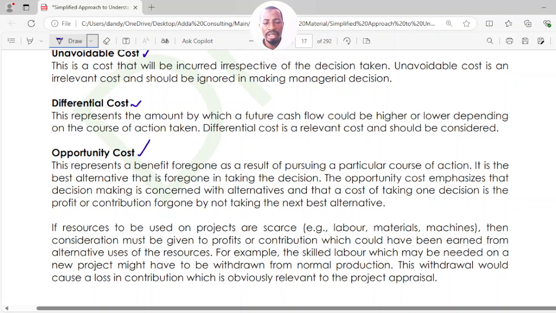Once the project is completed, it will be put in the storage space. The project will utilize the storage space. Then a neighboring business becomes willing to rent out the storage space. Because the company wants to use the storage space for the project, the rental income that would have accrued to the company from the neighboring business, the company will not be able to receive it because of the project. That is an opportunity cost.